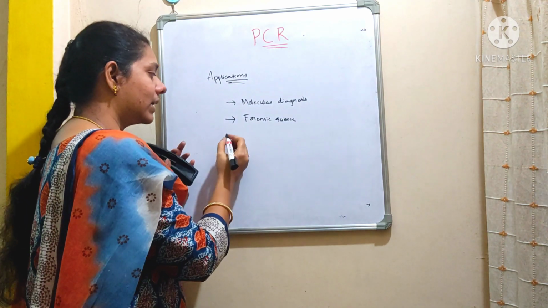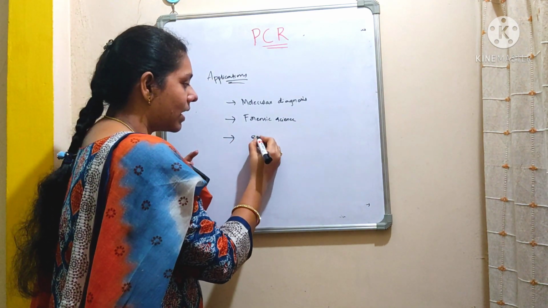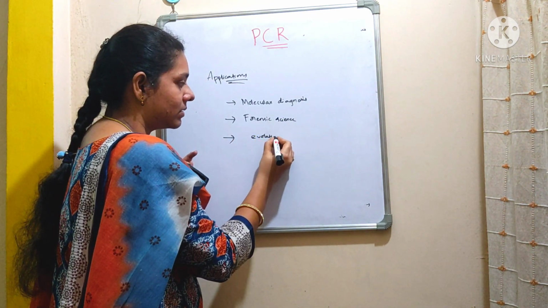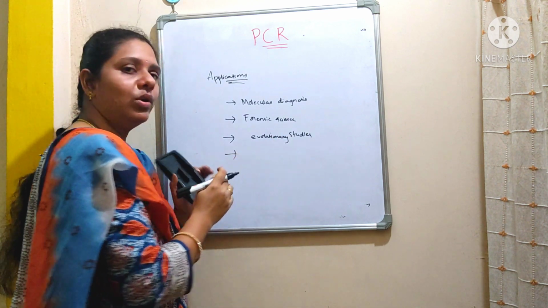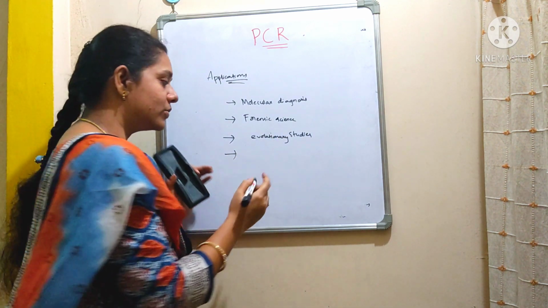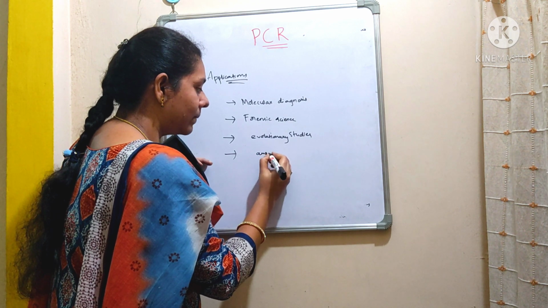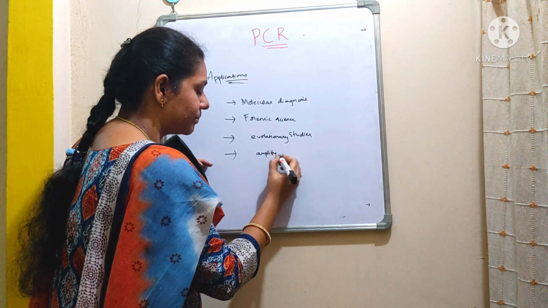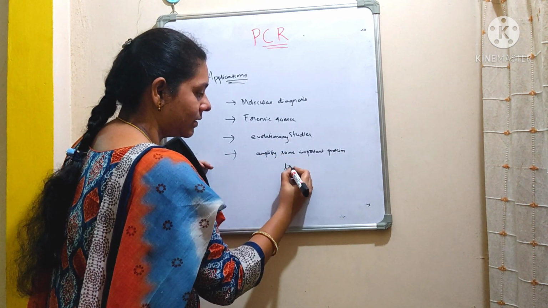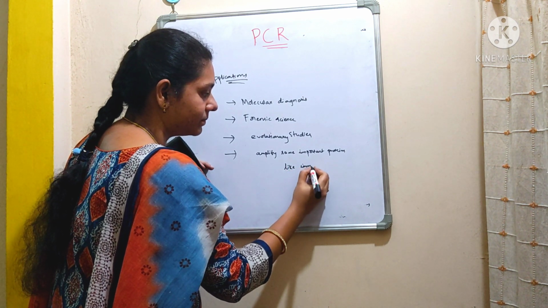Moreover, it can also be used in evolutionary studies. PCR can also be used to amplify some of the important proteins, like immunoglobulins.